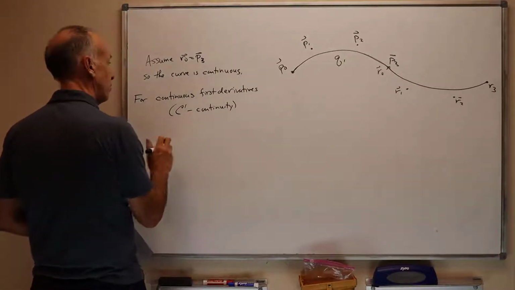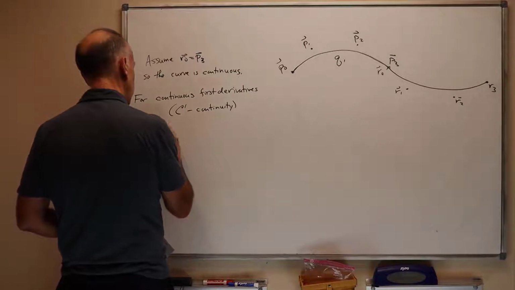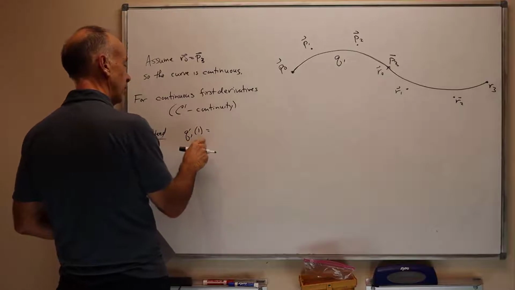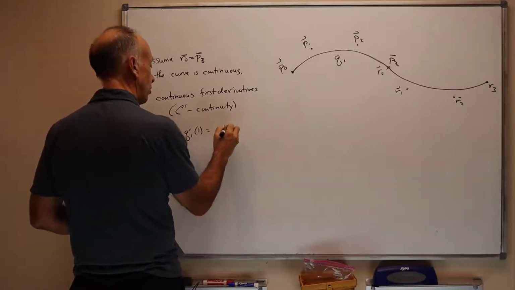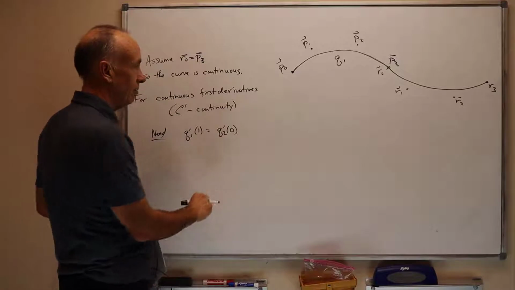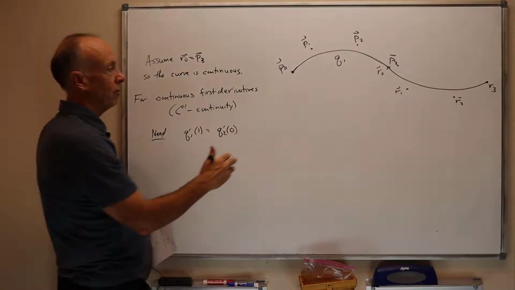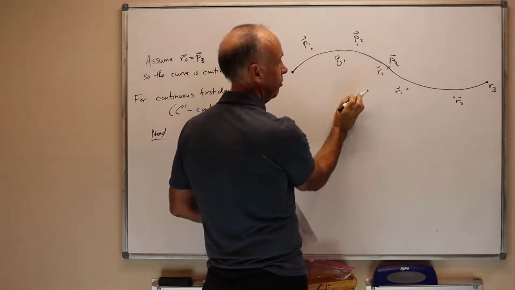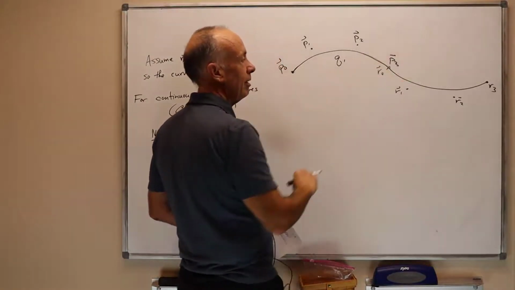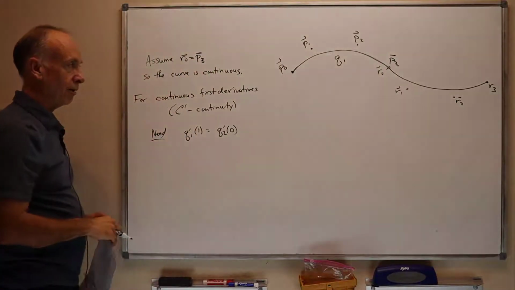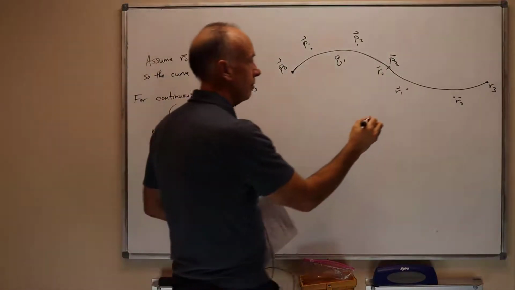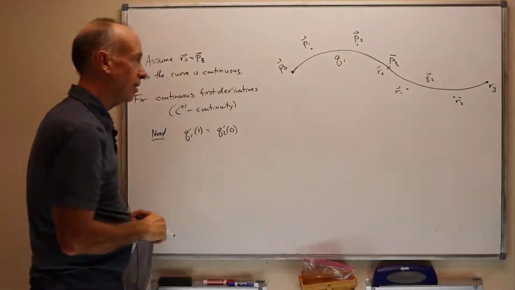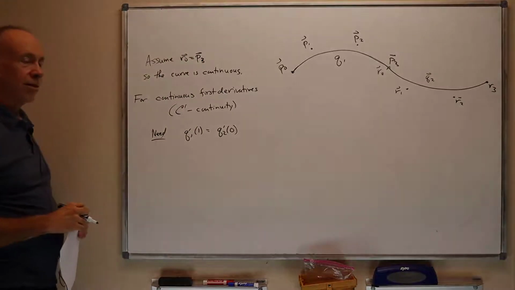So for continuous first derivatives, we need that Q1 prime of 1, the derivative of Q1 at U equals 1, is equal to Q2 prime of 0, the derivative of Q2 at 0. So in other words, we want the derivative, the rate of change of Q1 of U as you approach its endpoint P3 to be equal to the derivative of Q2 on the other side of P3. So we want to match up the first derivatives.